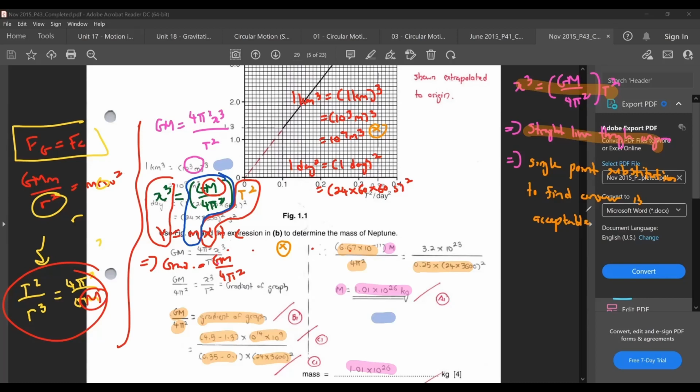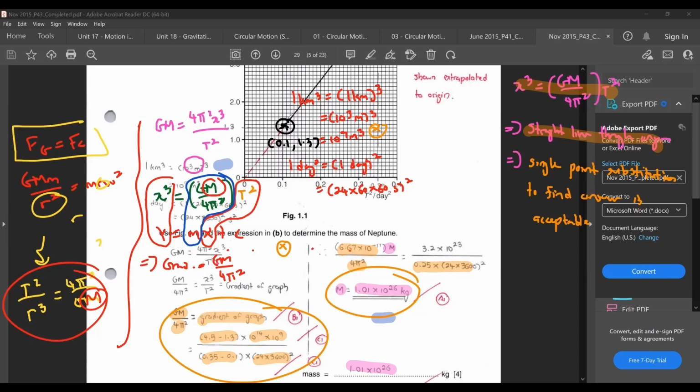What I mean by that is that, for example, rather than me using gradient to find the value of M, what if I just find one value from the graph rather than 2 values on the graph? Say, for example, I try to use this point where I know that this one would have a value of 0.1 and 1.3.